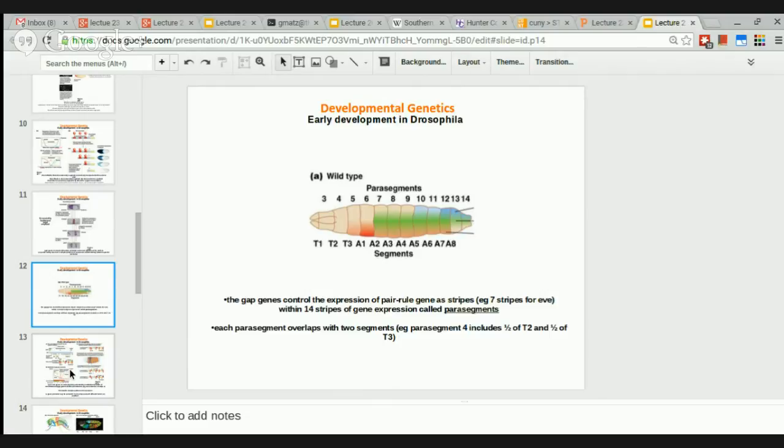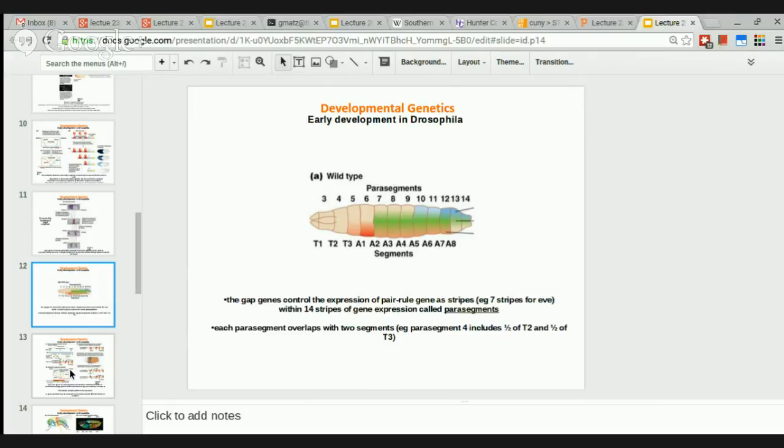And in fact, what you'll see later on is that parasegments, by segment polarity genes, which we're not going to discuss today, are further delimited into two halves. Okay. So the gap genes control the expression of pair rule genes as stripes.